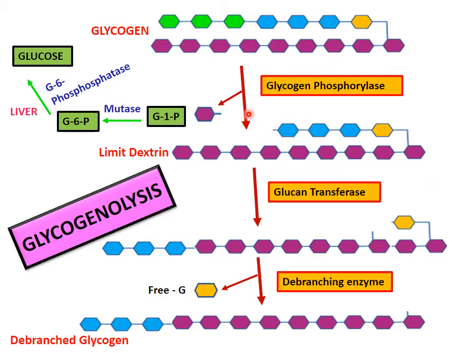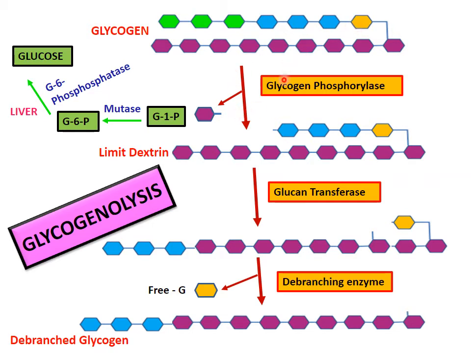You can see all the steps here. This is the highly branched glycogen. We have taken only 2 branches. From the first branch, all the glucose is removed in the form of glucose 1-phosphate until the last 4 glucose are present.